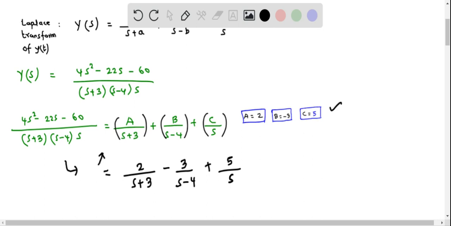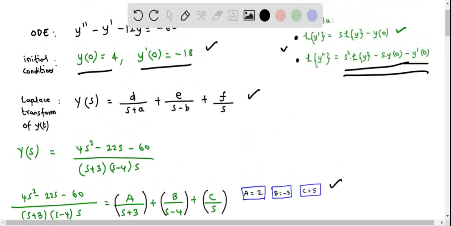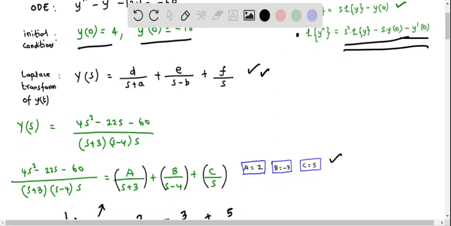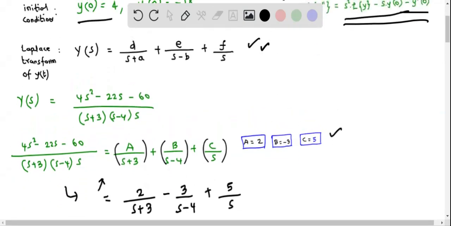And we can also compare this with our original transform of y of t. So let's compare this. When we do the comparison, we have s plus 3 here and we have s plus a here. So d is the denominator. So we see that d equals 2 and a equals positive 3. And similarly, the next term is e, and this has to be negative 3. So e equals negative 3.